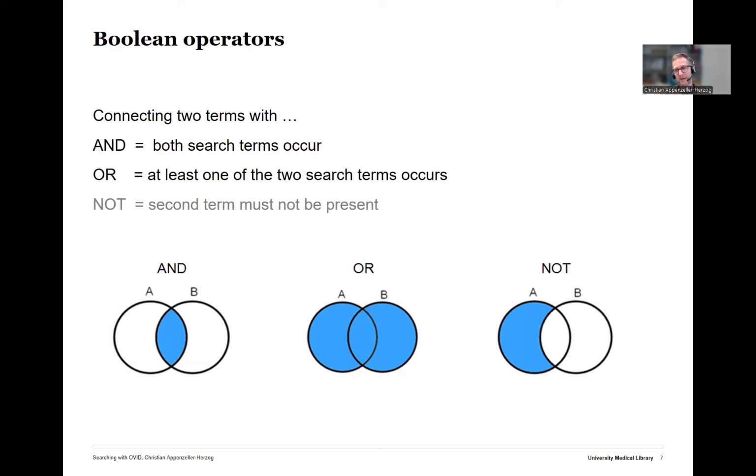And that will mean that you will retrieve more literature, as is depicted here with this blue cartoon. And in the case of AND, we would, for instance, connect concepts like animal-assisted therapy AND dementia, and then we will get the literature where both of these concepts are contained.